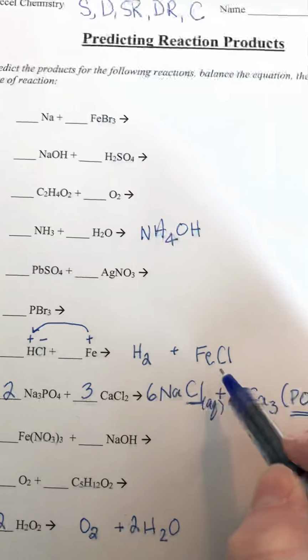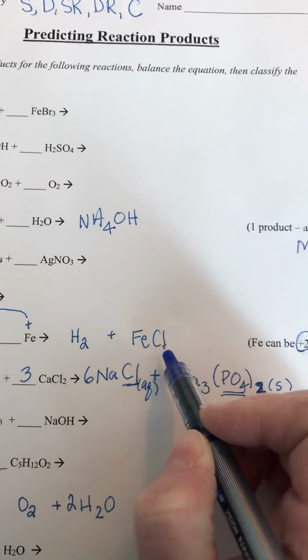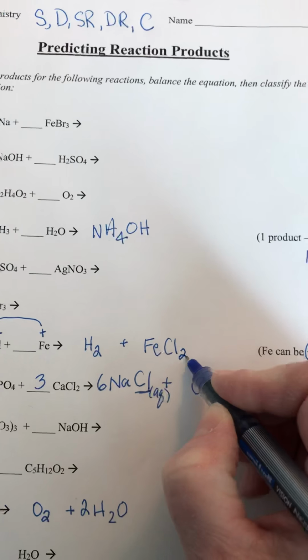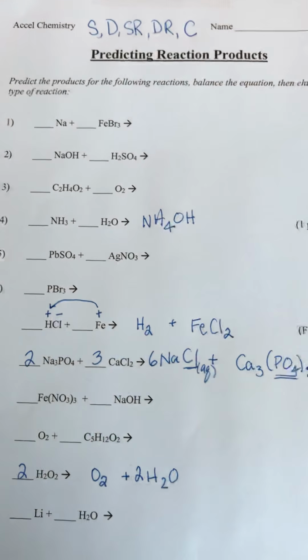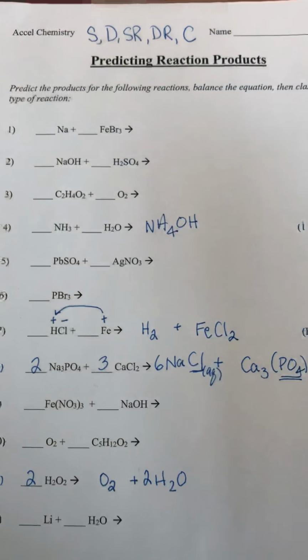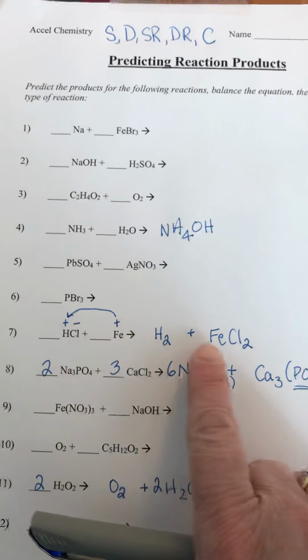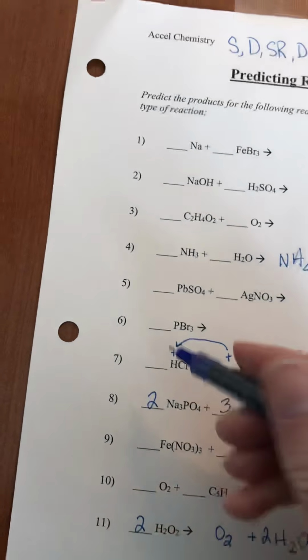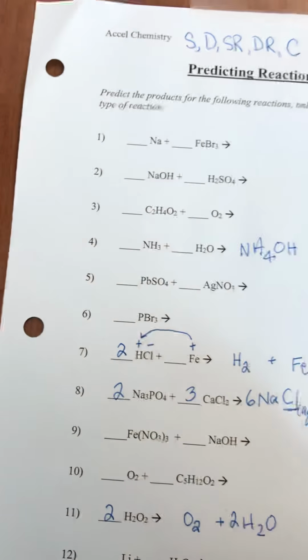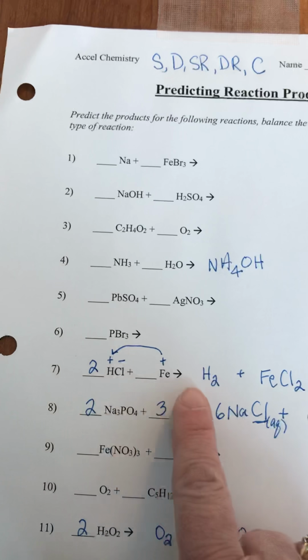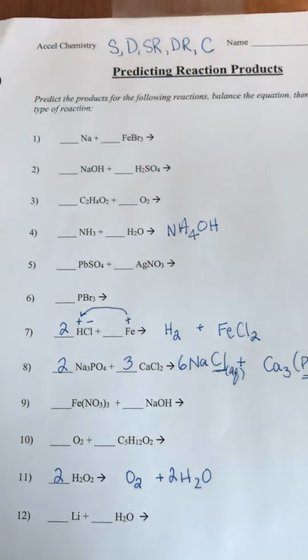So if iron is +2, chlorine's -1, you're going to have 2 chlorines with that iron. All right, as for balancing, 1 iron, 1 iron. This one has 2 chlorines, so put a 2 in front of here for 2 chlorines. That gives us 2 hydrogens, and this also has 2 hydrogens. So that one's balanced.